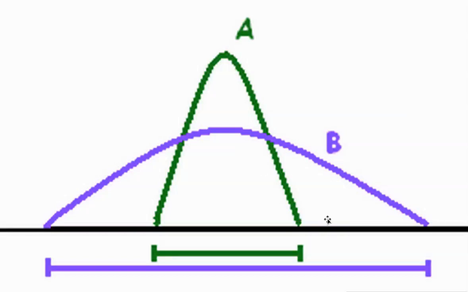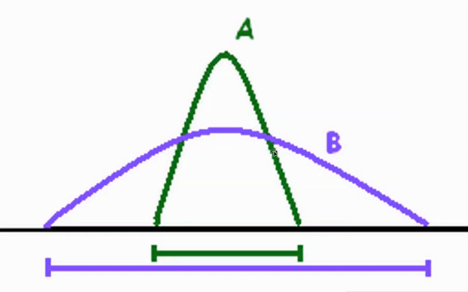A and B here are showing the distribution shapes, assuming that the shape is bell shape for both of them. So obviously data A has less spread, because it has a smaller range, from 3 to 7. And data B has a large range, so it has more spread.